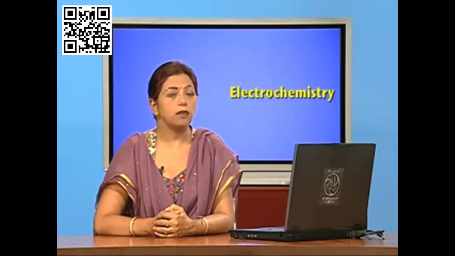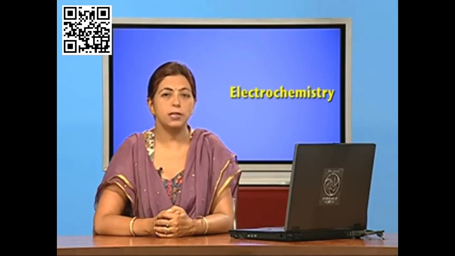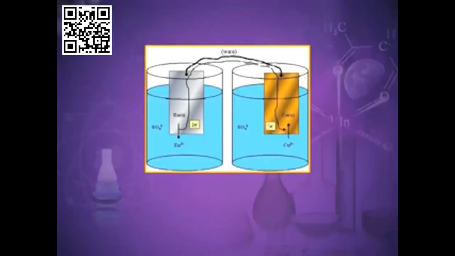Now the zinc will lose the 2 electrons and it will change into Zn2+ ion, and these ions will move into the solution. And those 2 electrons via the wire will go to the copper half cell.